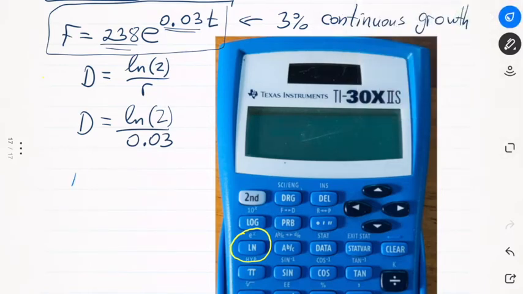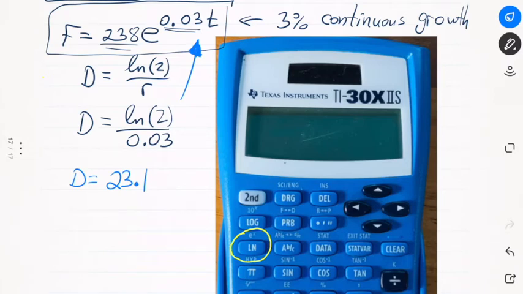So the doubling factor should be 23.1. Now, if t was measured in days in the original formula up here, the units are the important part. Here they have to match up with time. So if the time was measured in days in this formula, then this continuous growth would be based on days, and this 23.1 would represent the number of days before it doubled.